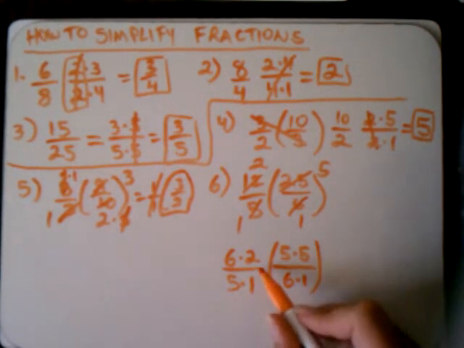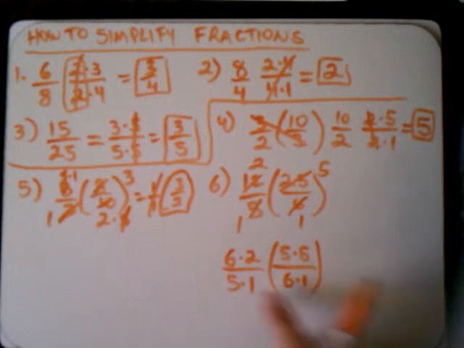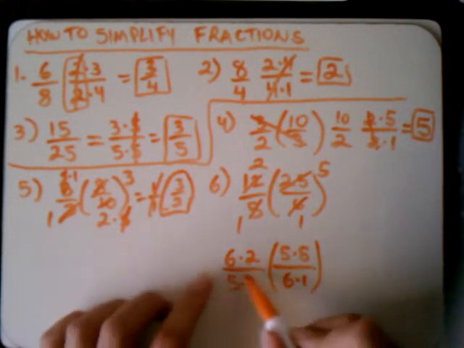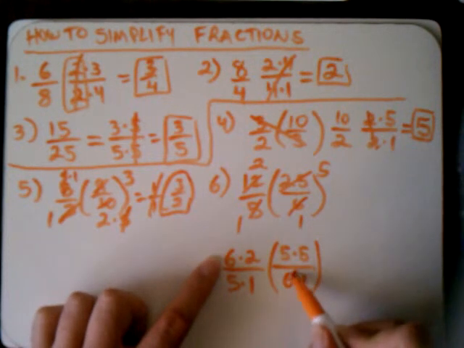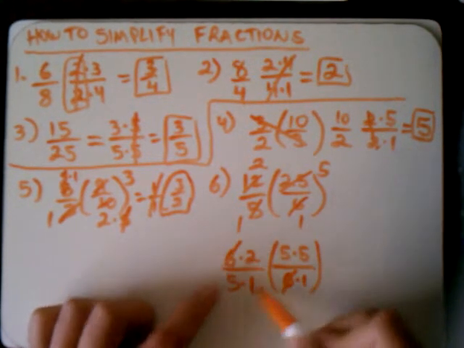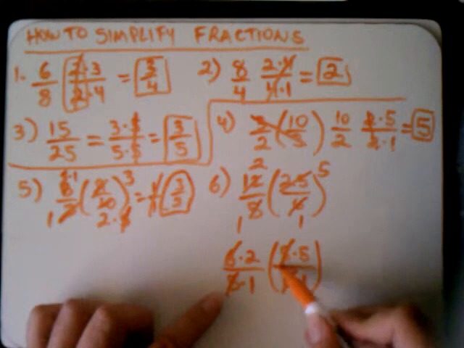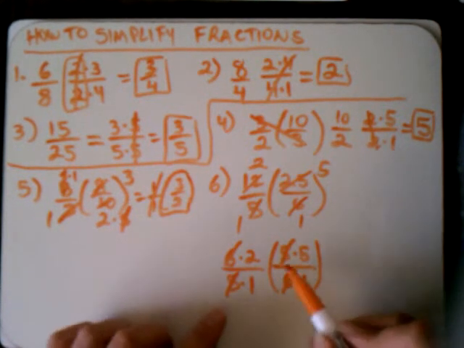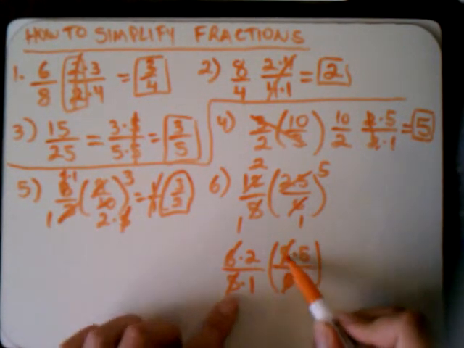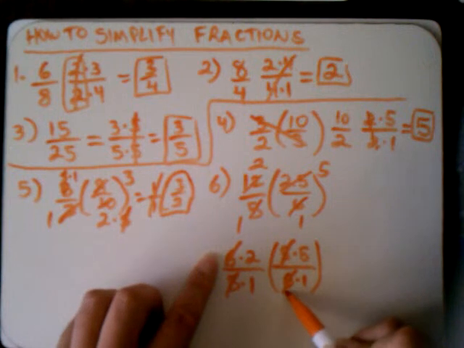When you have multiplication on every side, you can cancel top and bottom. So let's start. I have a 6 and I have a 6. The 6 cancels out. I have a 5, I have a 5. Remember, only one time. One 5 cancels one 5. One 6 cancels one 6.